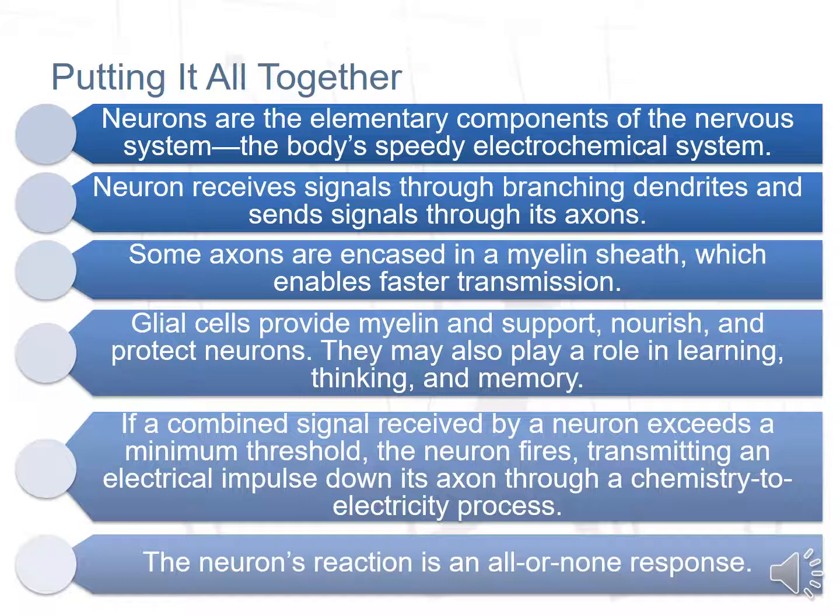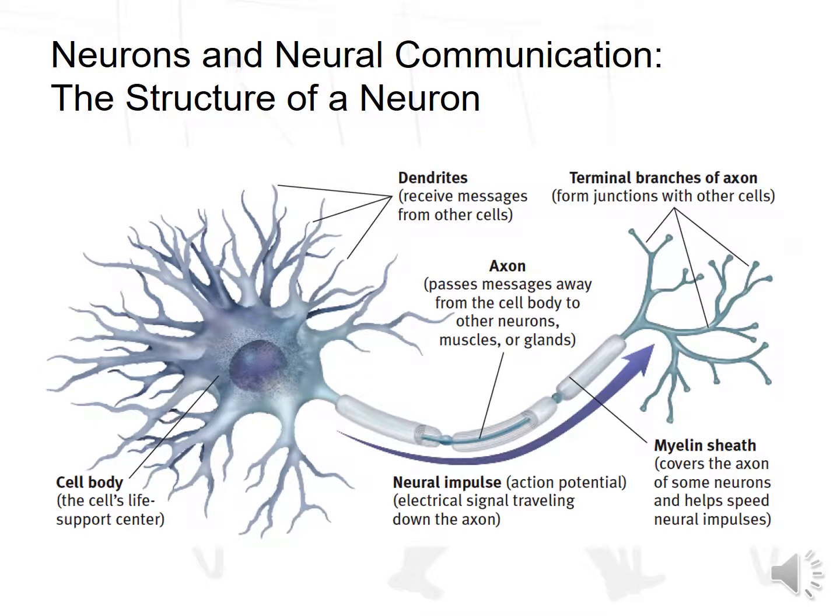They may also play a role in learning, thinking, and memory. If a combined signal received by a neuron exceeds a minimum threshold, the neuron fires, transmitting an electrical impulse down its axon through a chemistry to electricity process. The neuron's reaction is an all or none response, and that signal we call an action potential.